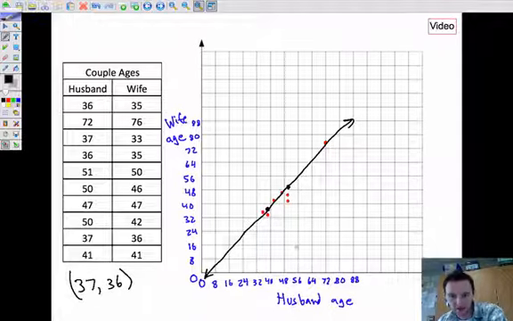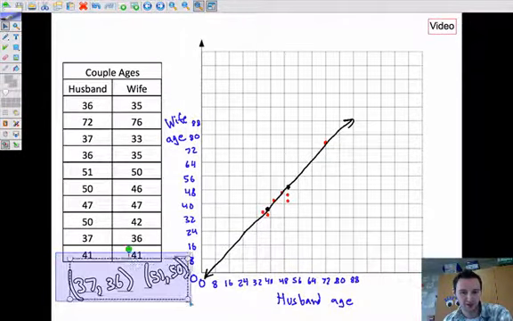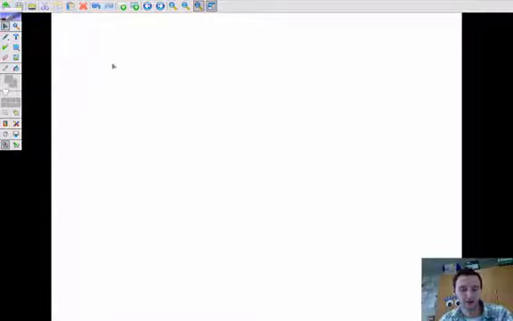And it looks like this point here was maybe 51, 50. So once we know these coordinates for these points, then all we have to do is find the equation for this.